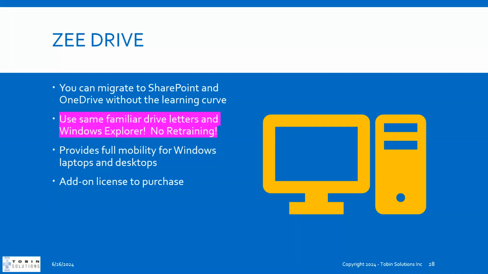And everyone knows top to bottom how to get to the P drive and manage the P drive. What we can do is move all your documents to SharePoint and then use Z Drive to create what's called a P drive on your desktop that points to SharePoint, but it looks and works just like the P drive that you were used to.